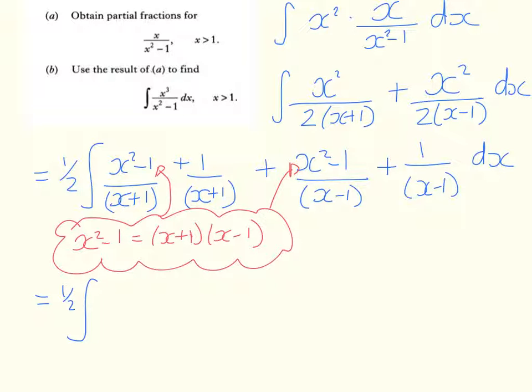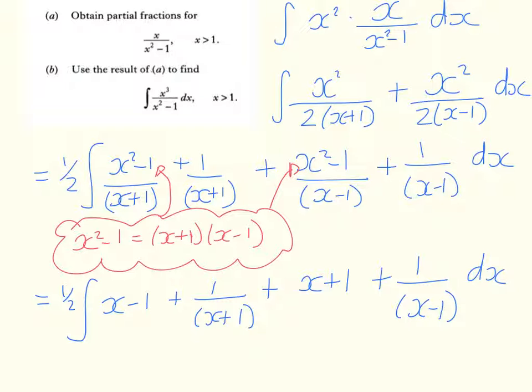So instead of x squared minus 1 over x plus 1, I've got x plus 1, x minus 1 over x plus 1, which means that x plus 1's cancel out and I'm left with x minus 1. I've still got this 1 over x plus 1. In this one, the x minus 1 cancels with x minus 1 and I'm left with x plus 1. And I've got 1 over x minus 1.